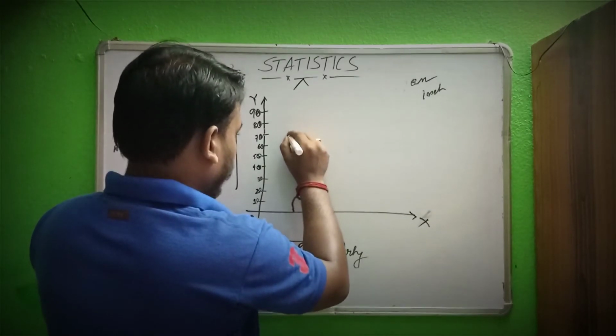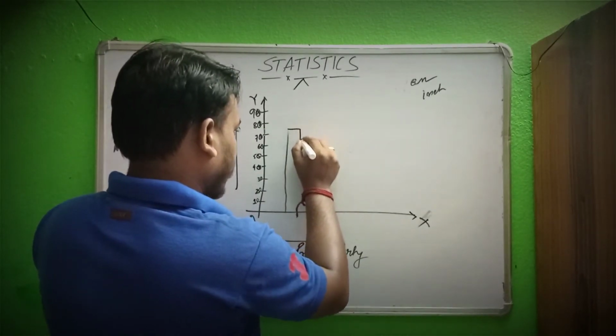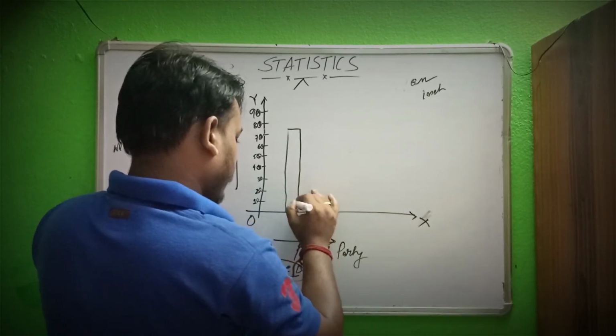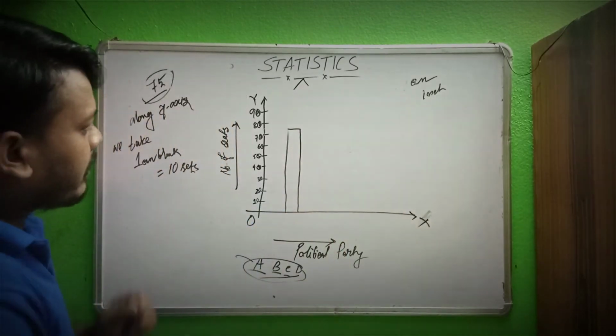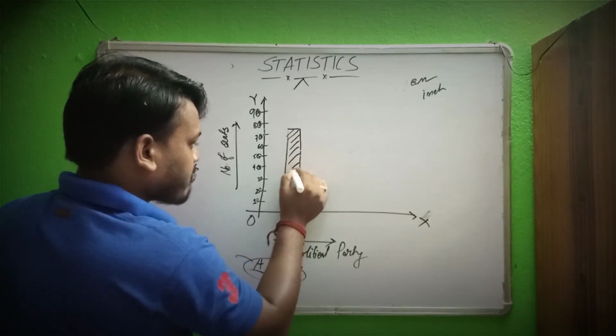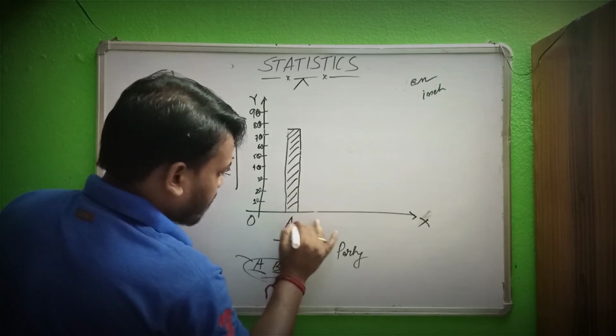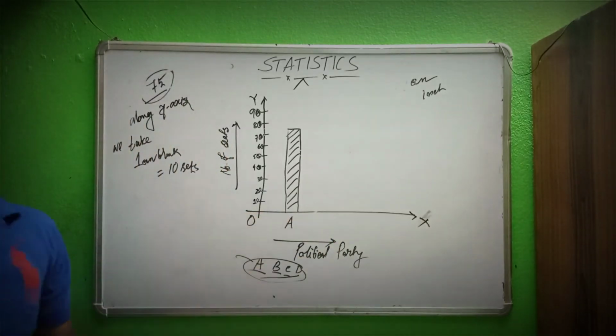So if I draw here, okay, this is the bar for the political party A. And why do I take the third example?